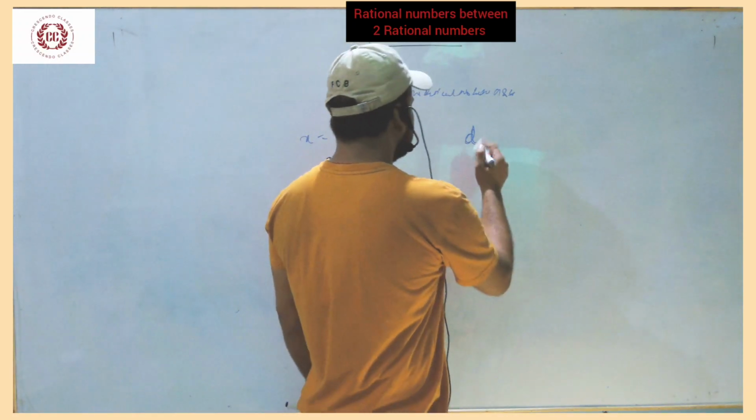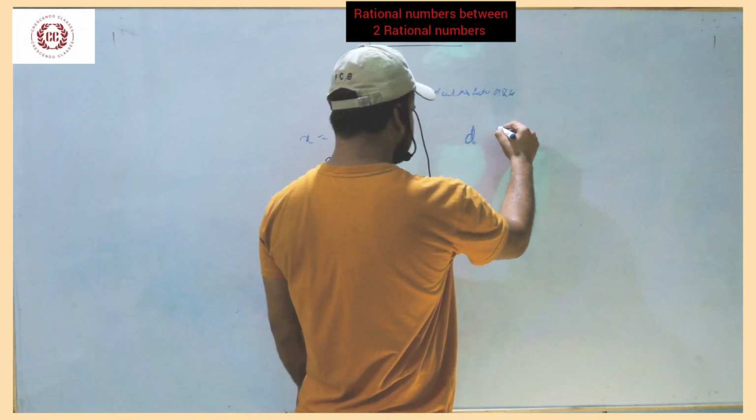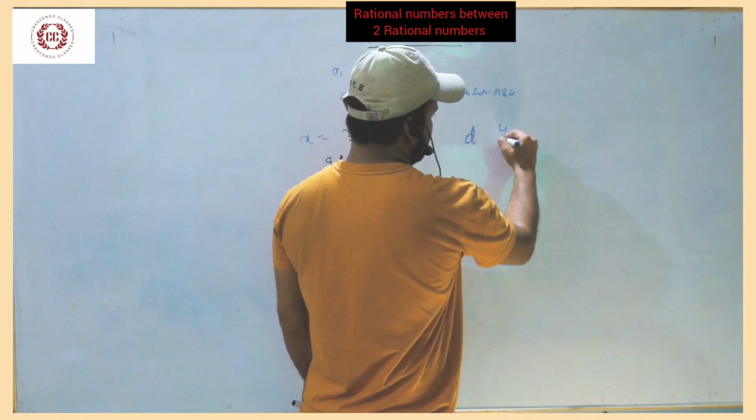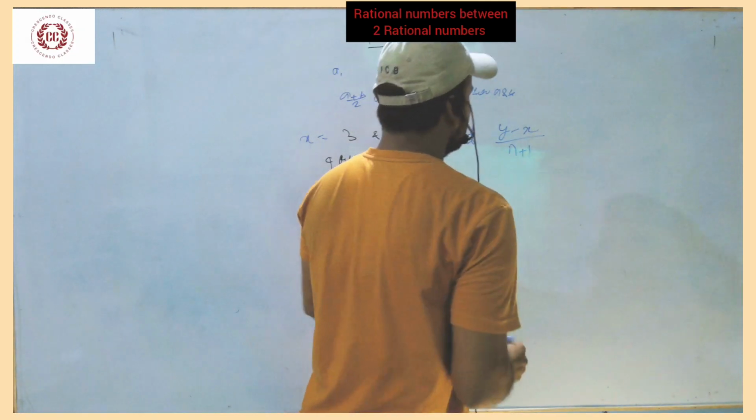So we will find D, and D will be found as (y minus x) upon (n plus 1).